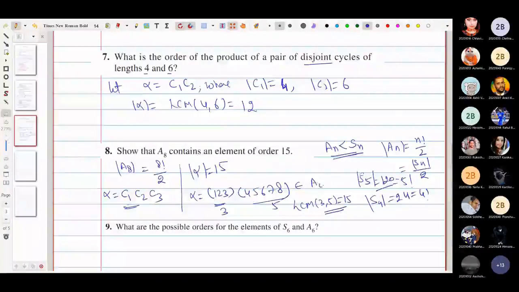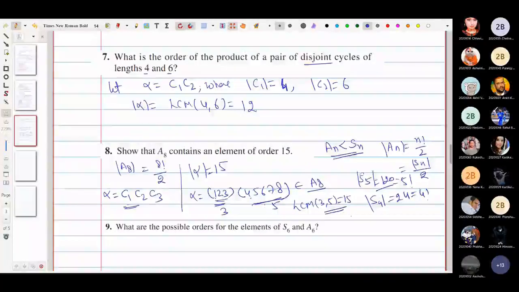So this is a member of A8. How can you verify that it is a member of A8? This would be an even permutation. Because there are 3 symbols in this cycle, it is going to be even. The other cycle also has an odd number of symbols, so it is also an even permutation. The sum of 2 evens is also even.